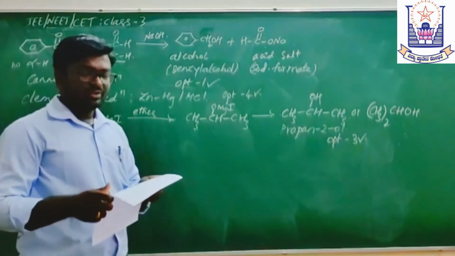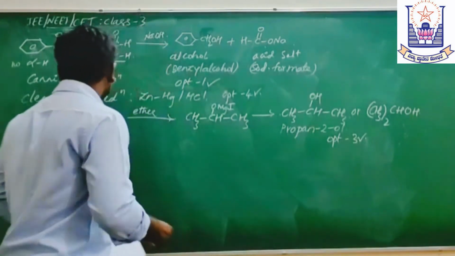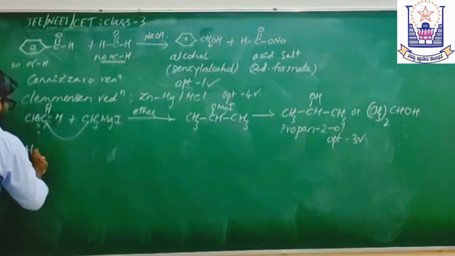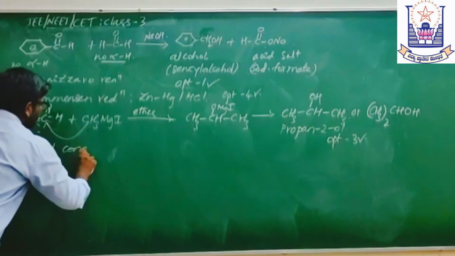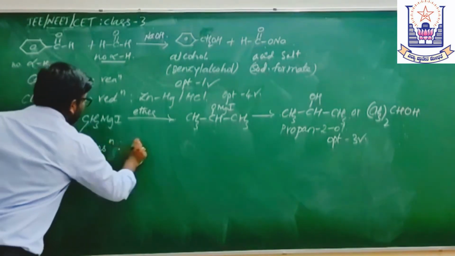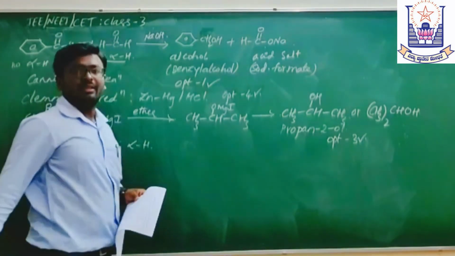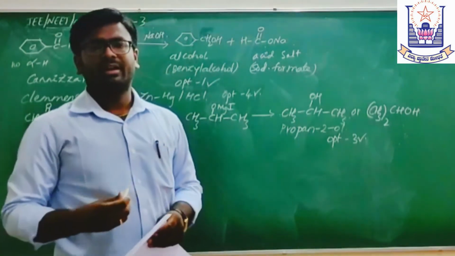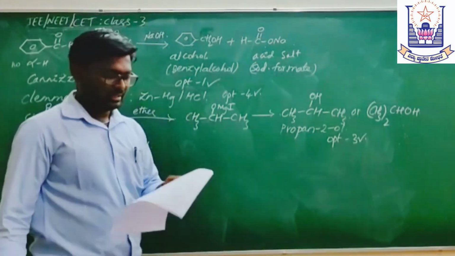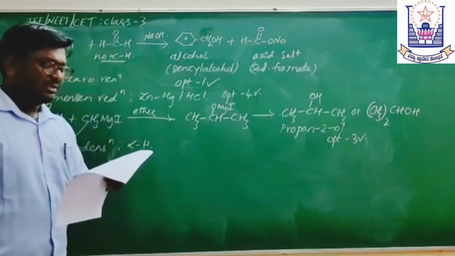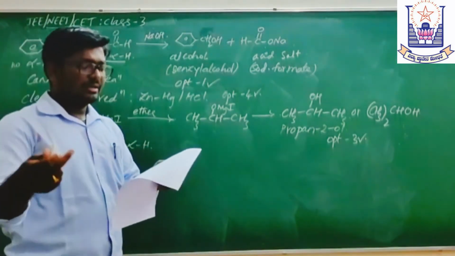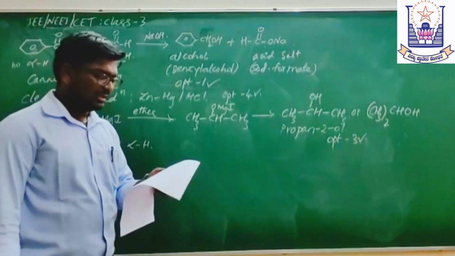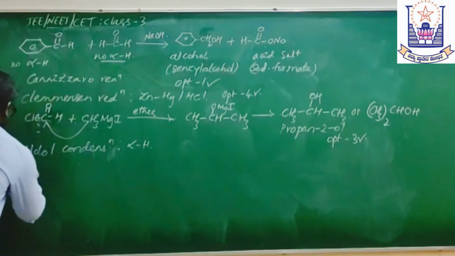Aldol condensation will not be observed. See, for the aldol condensation, what is the necessary condition? The carbonyl compound must have alpha hydrogen. The carbonyl compound with the alpha hydrogen will undergo aldol condensation. Now, what is the question? Aldol condensation will not be observed in chloral.